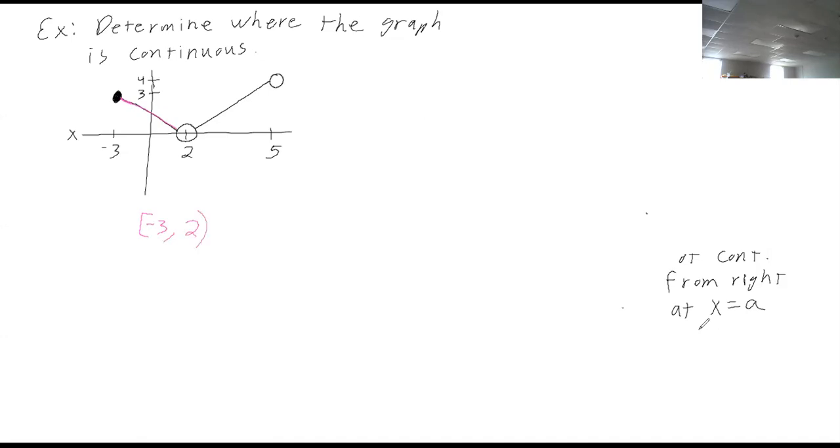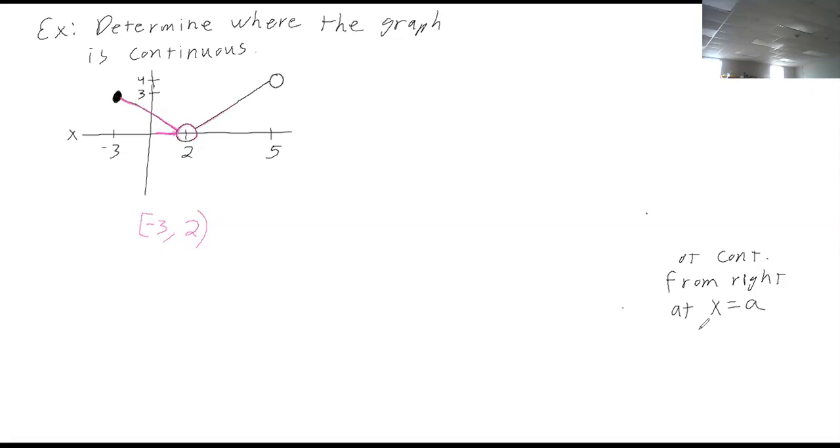Now we can't say it's continuous at 2 because it's not continuous from the left at 2, is it? Because the limit as x approaches 2 from the left is what? I would say that's about 0, and that's not equal to the function value at 2, because the function value is undefined at 2 with this open circle.